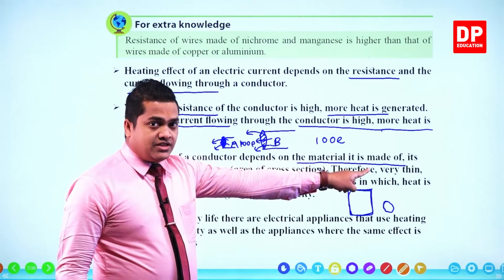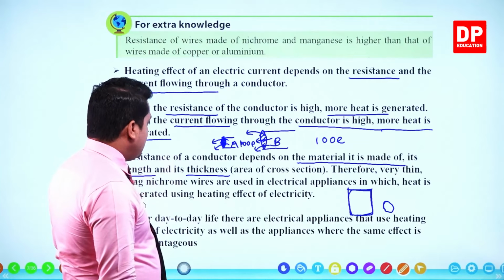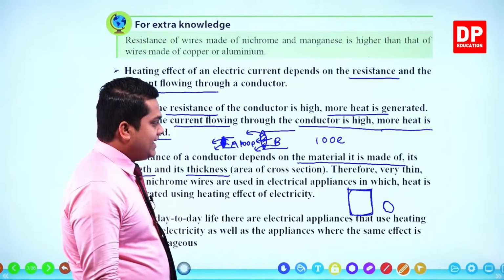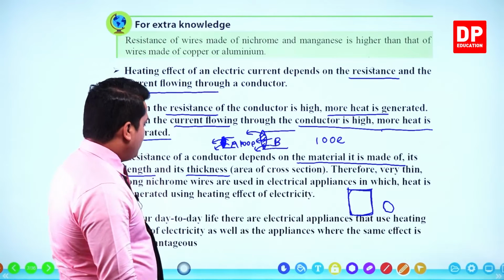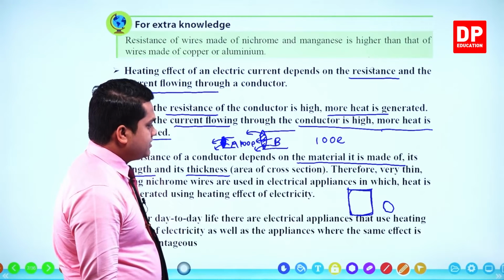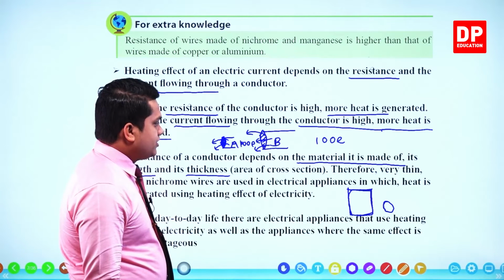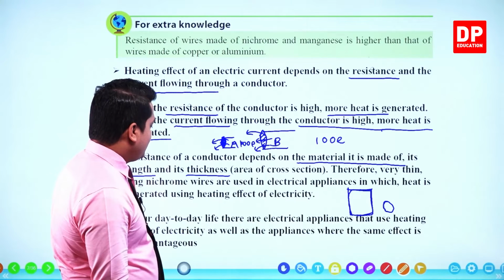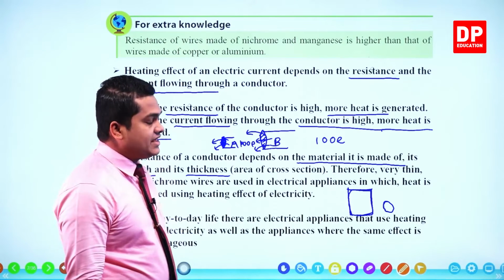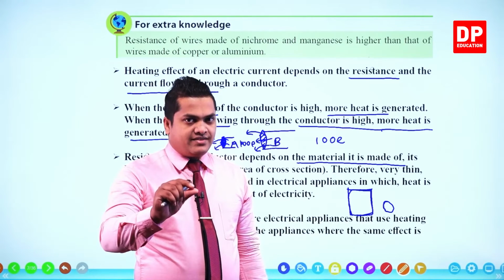So these are the three main factors that the resistance depends on: the material it is made of, the length of the conductor, and the thickness or the cross-sectional area. Therefore, very thin, long nichrome wires are used in electrical appliances in which heat is generated using the heating effect of electricity. It should be very thin.